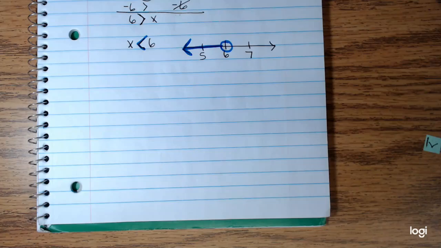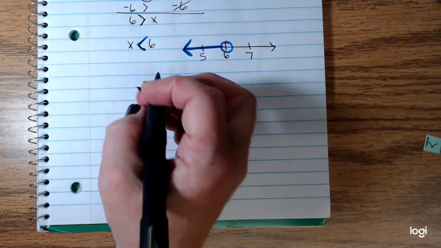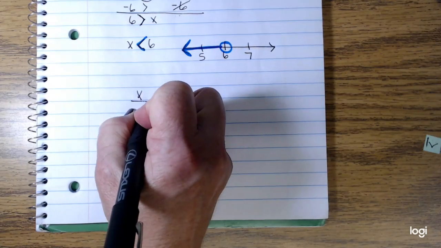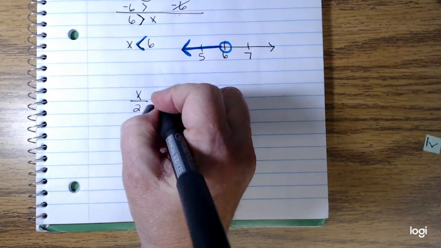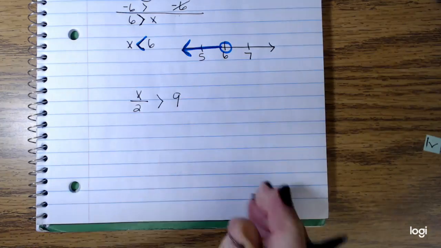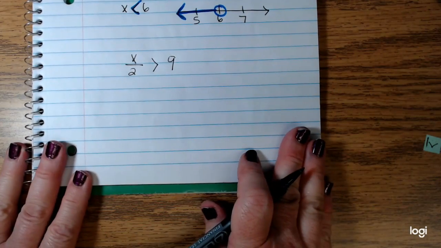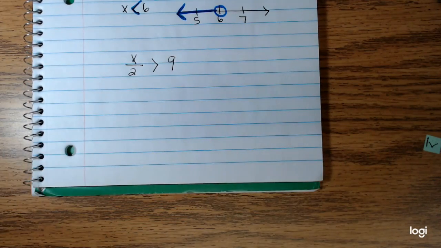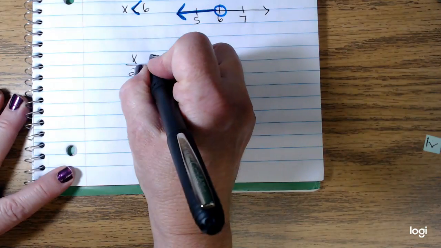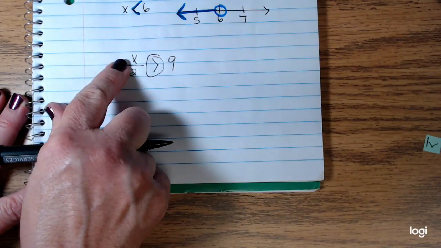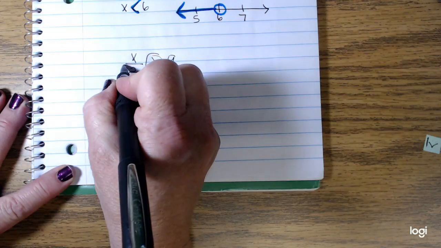Why don't I give you one that looks like, oh, let's try this one. x divided by 2 is greater than 9. Okay, let's circle our balance. Well, that's going to be our inequality. Where's the variable? It's right here. It's x. It is dividing by 2.